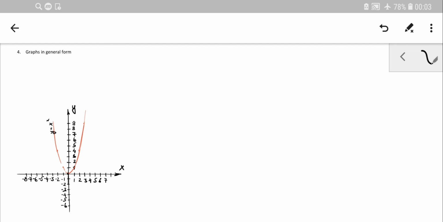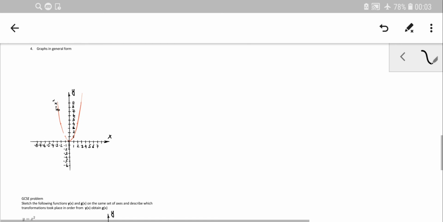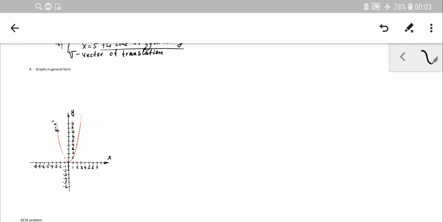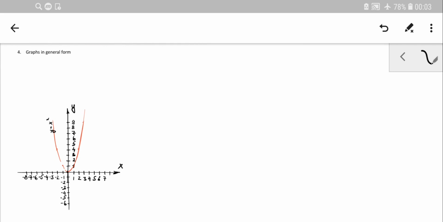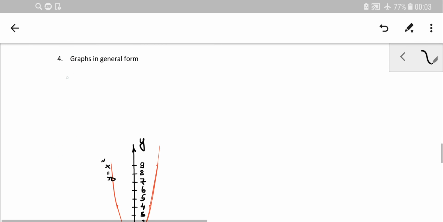So if you're quite good with that, try to stop and pause the video and first describe graphs in general form. What I mean by general form is that the general form for the parabola is the standard equation ax squared plus bx plus c. Okay, that's standard form.